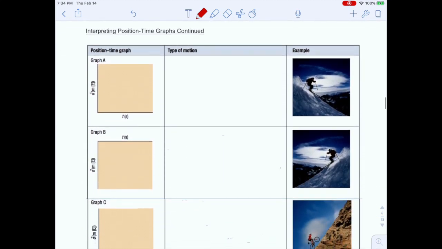Now let's look at the shape of some other graphs. Let's look at the graphs for objects that are accelerating. In this first example, we have a skier that is speeding up in the east direction as he's moving downhill.